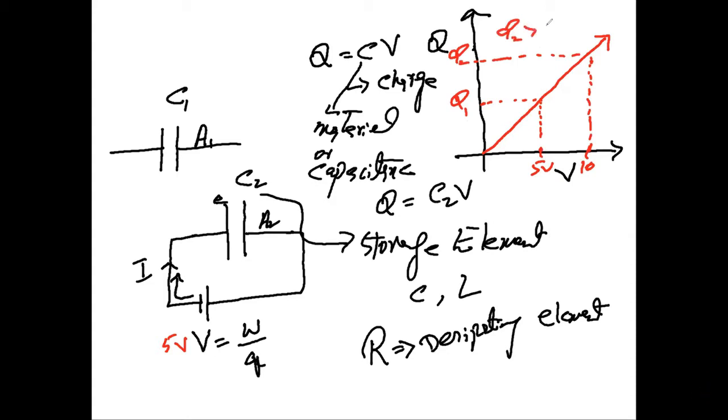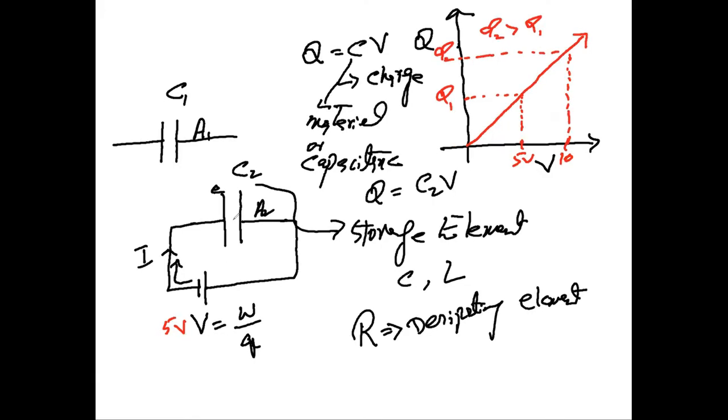Obviously Q2 will be greater than Q1 as 10 is greater than 5. Now the question is, as I discussed, the capacitor is an energy storage element. It stores the energy and will not release it. So how much energy will it store? Let's find that.